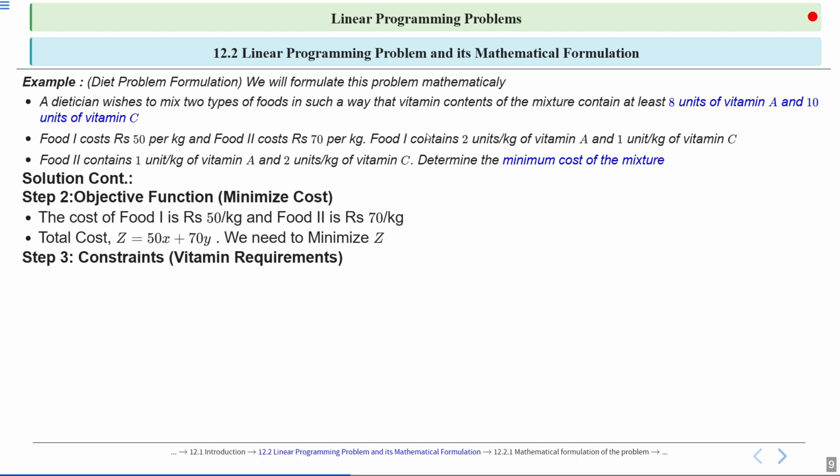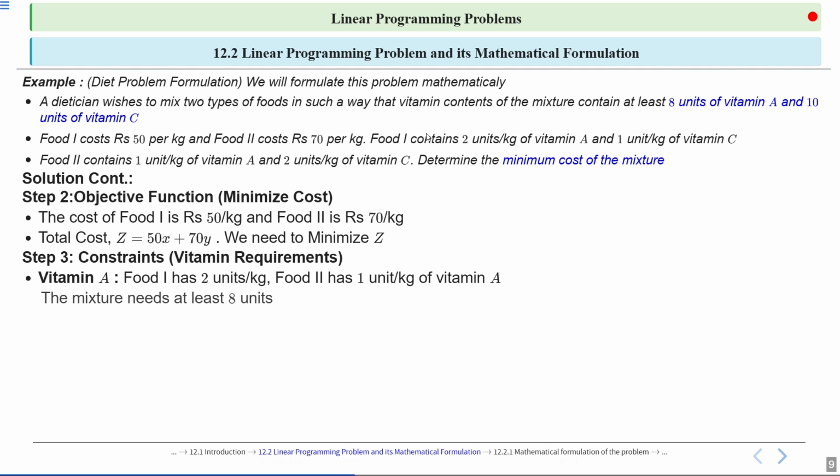And step 3 is to identify constraints. The constraints are the vitamin requirements. This means you must ensure the selected food items meet the minimum vitamin needs specified in the problem. For vitamin A, food 1 has 2 units per kg and food 2 has 1 unit per kg.